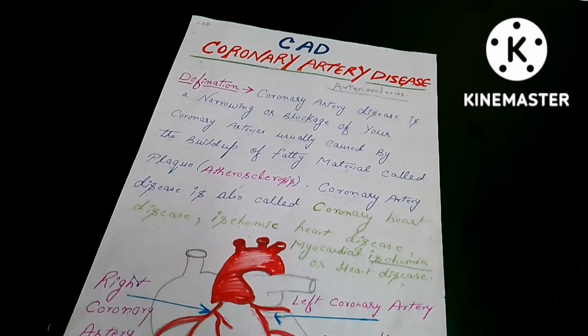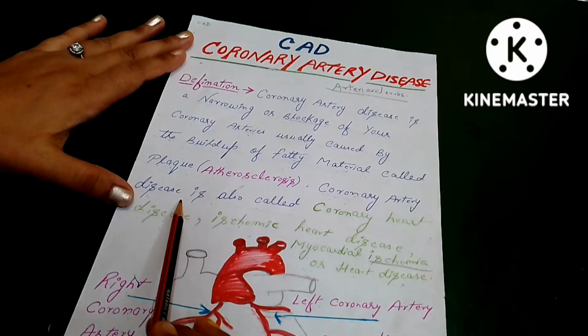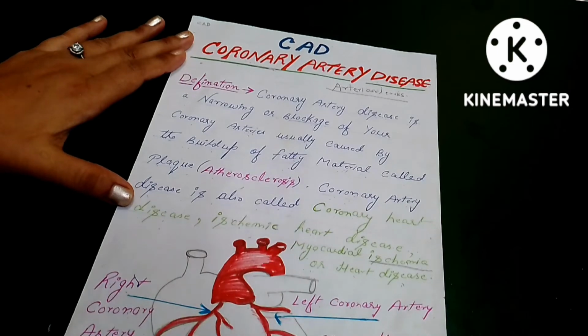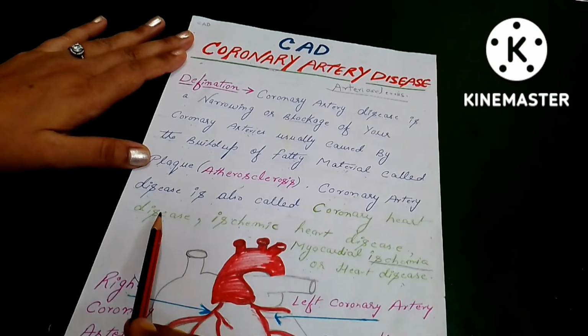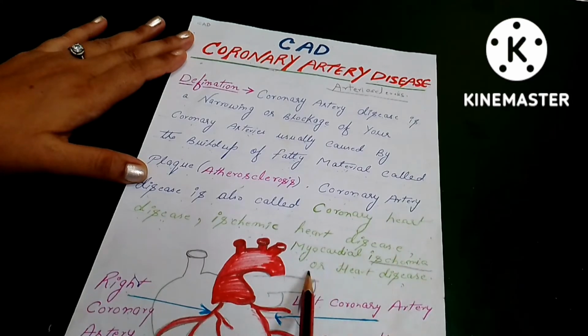Atherosclerosis is a process in which there is a deposition of fatty materials in our artery walls, which is called plaque. Coronary artery disease is also called by other names. We can call it coronary heart disease, ischemic heart disease, myocardial heart disease, or heart disease.